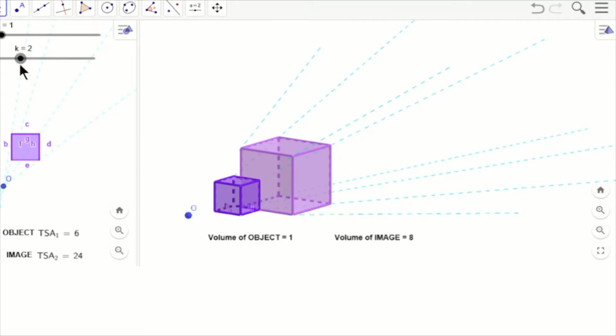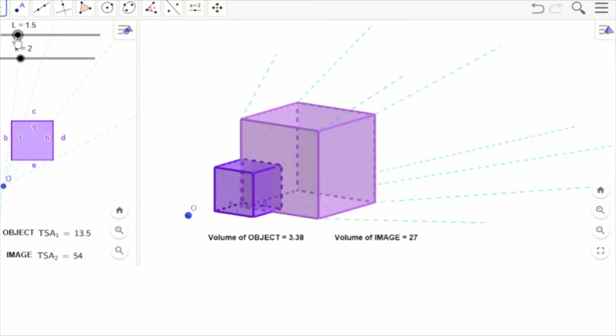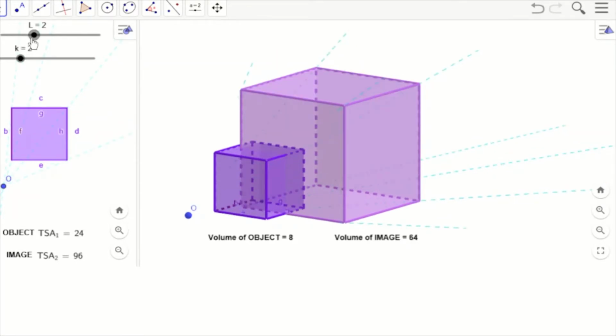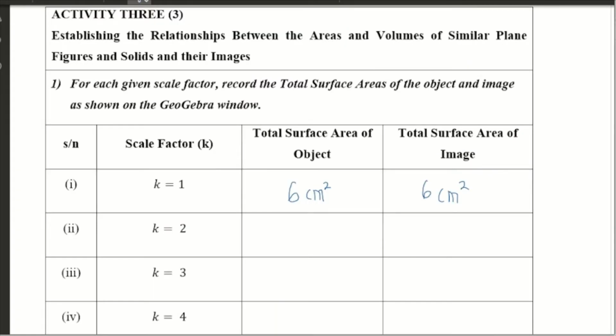We have 2. And let's adjust the length of the object. So we have an example here. If the length is 2, we have the total surface area of the object to be 24, and the total surface area of the image to be 96. So we can record that.